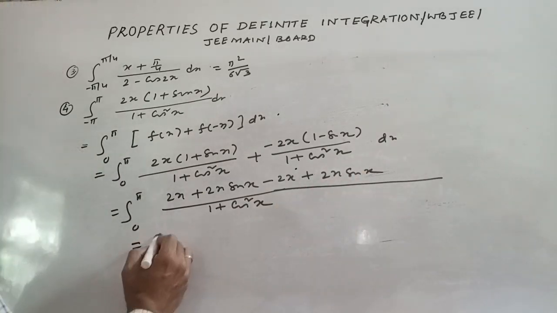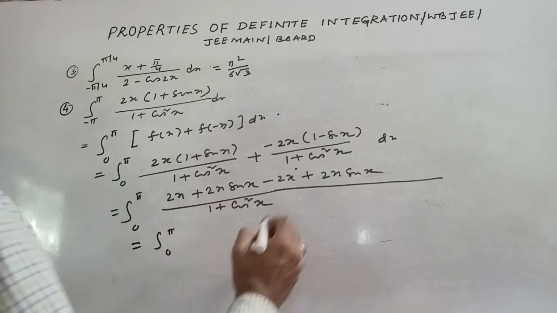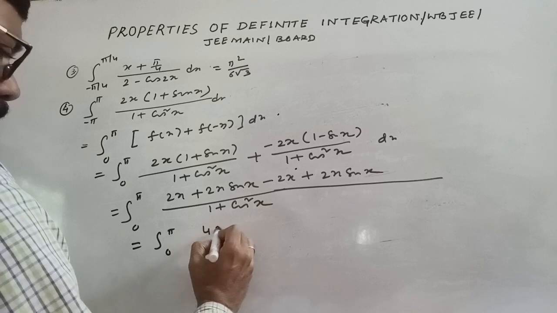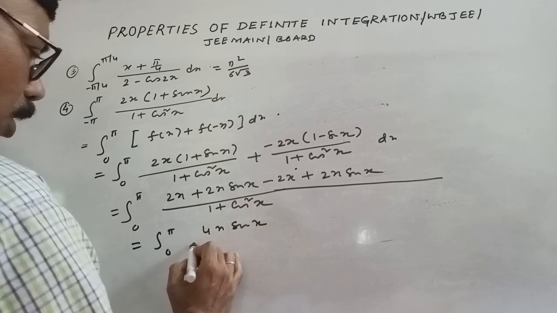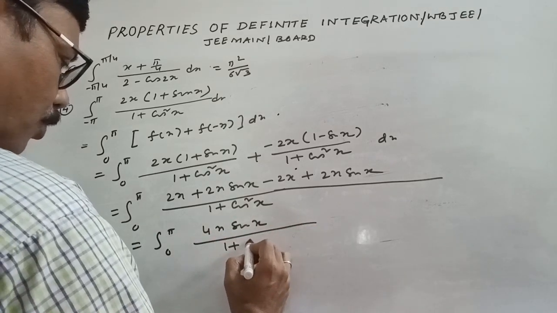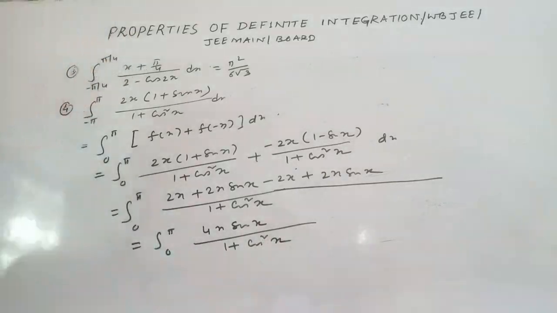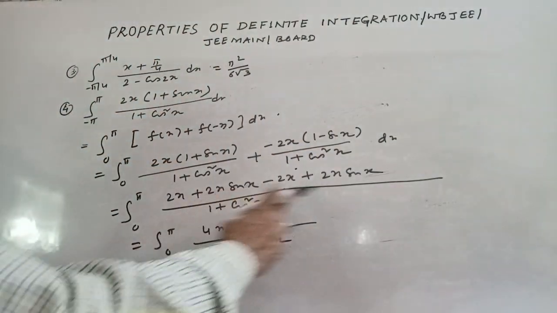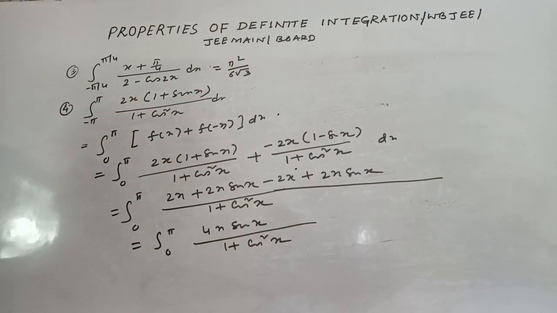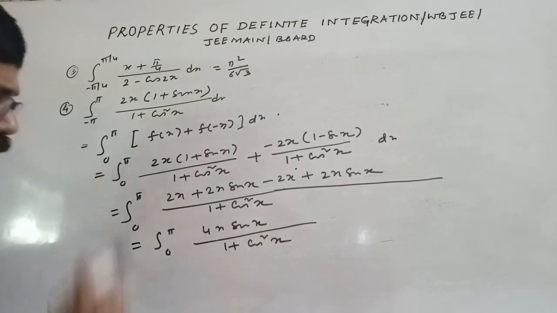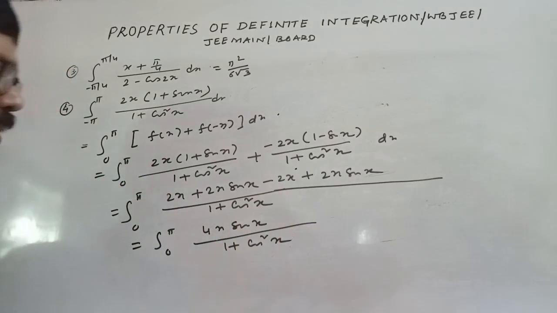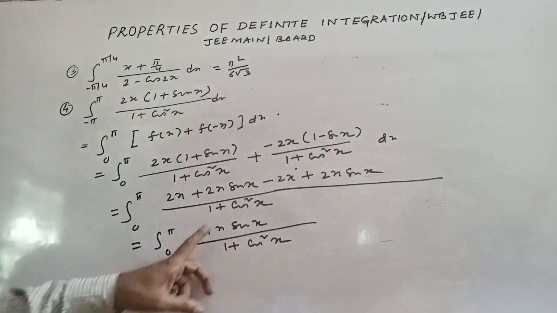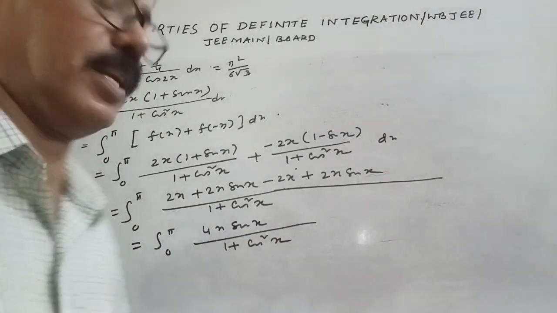So you are getting integral from 0 to pi of 4x sin x by 1 plus cos square x. Now, if x is not present, then if we put cos x equals z, we can easily integrate it. But here, due to the presence of x, you cannot integrate it.